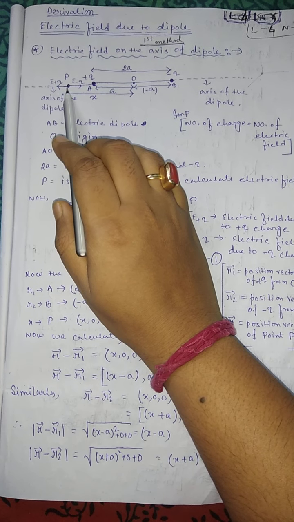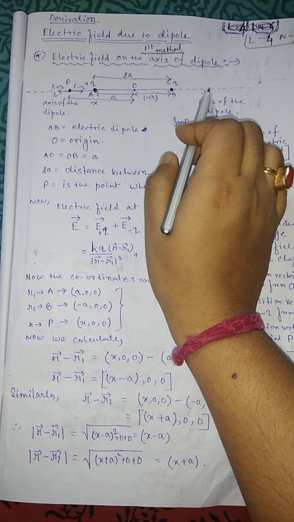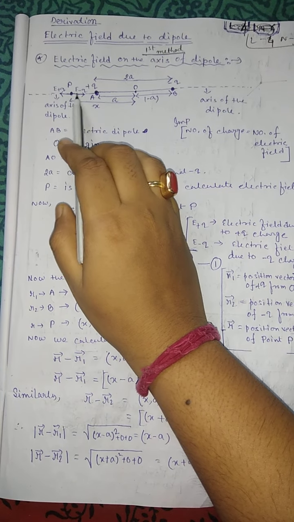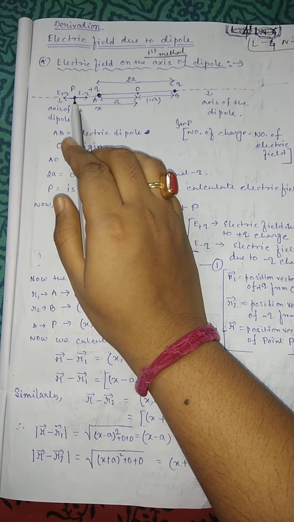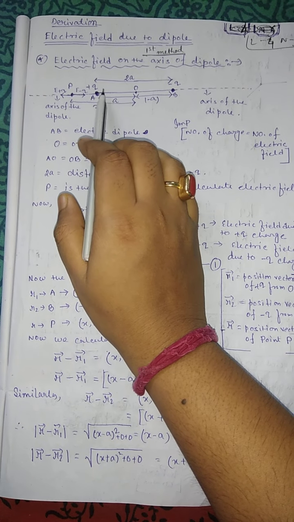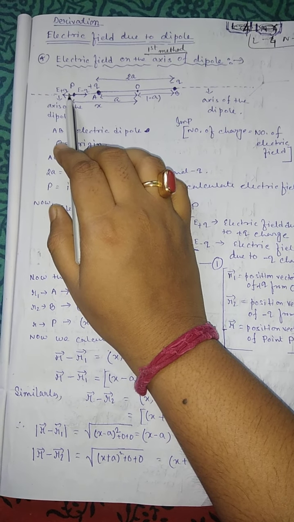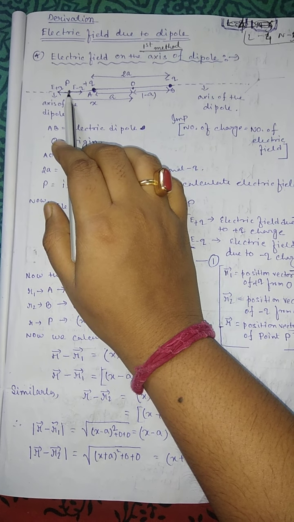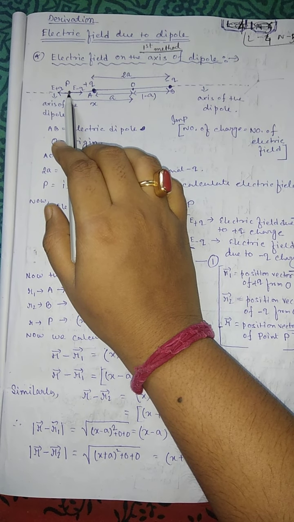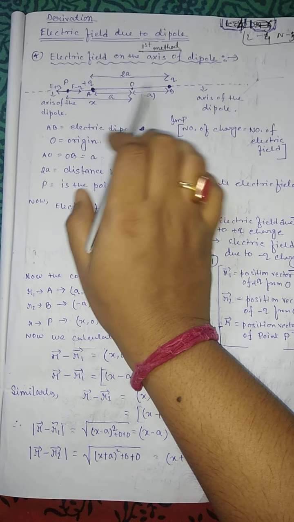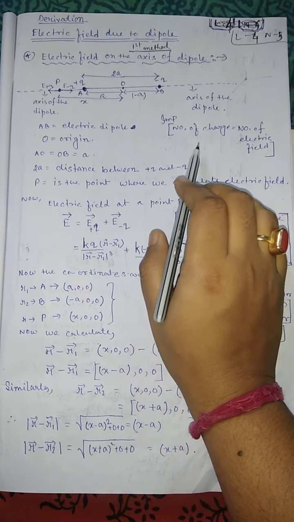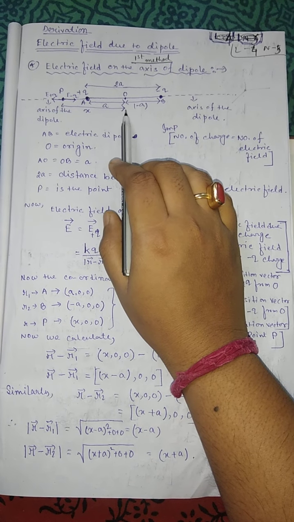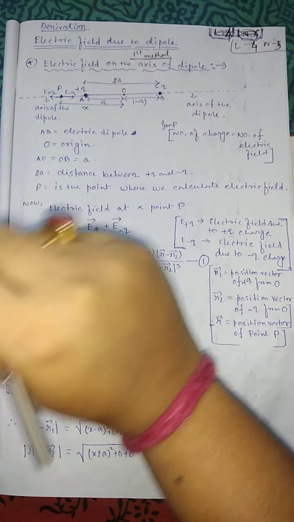Now we consider one point here. You can choose a point on this side also, any one you can use. So we choose one point P where we calculate the electric field due to this electric dipole. One thing to remember, and this is a trick: the number of charges equals the number of electric fields. If three charges are present, we get three electric fields.